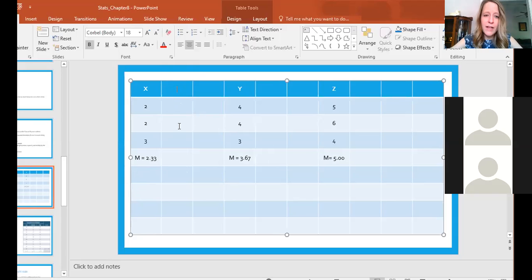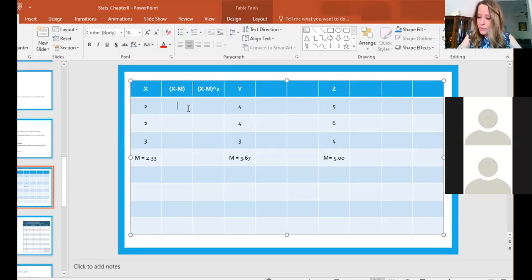To get my within group sum of squares, what you're looking for is the variability, or essentially the variance within each group. So this calculation should look pretty familiar because it's just like we did to calculate variance. We took each value of x and we subtracted the mean. And then once we did that, we squared that value.